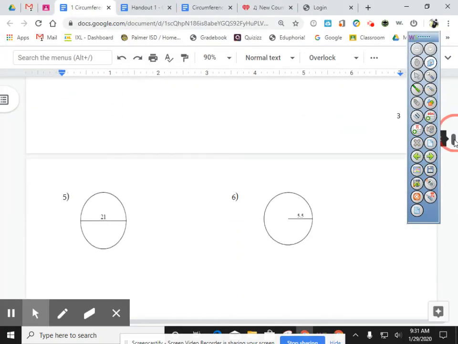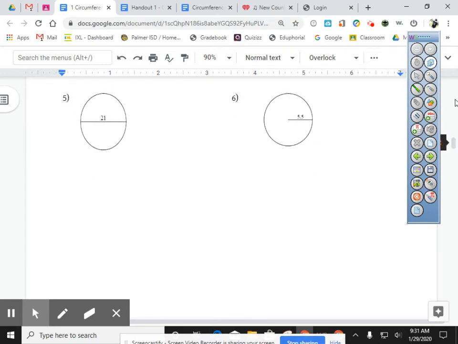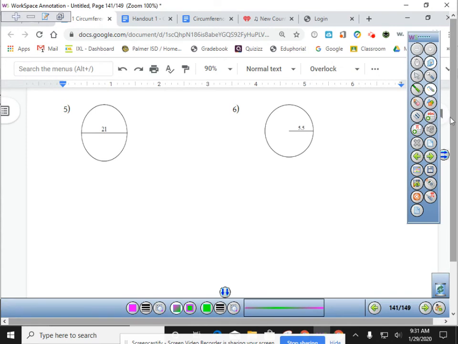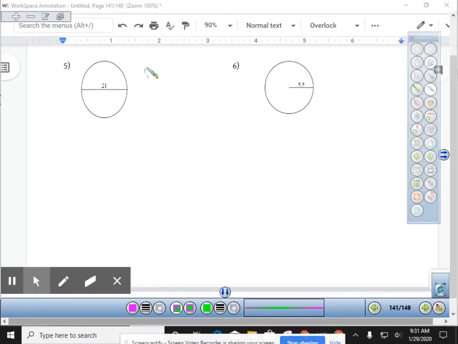Good job. Number 5. This woman has done lost her mind again, losing my mind in math class. What is the formula for the area of a circle? A equals pi r squared. Aren't you glad I'm letting you use 3 for pi? What's the radius? 10.5. I know that 10.5 squared is somewhere around 100. How do I know that? 10 times 10 is 100.